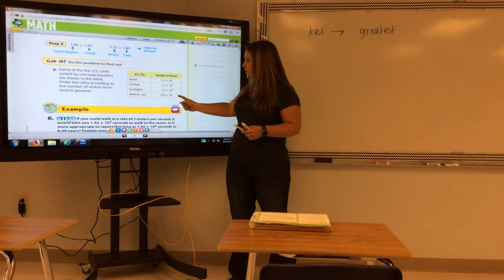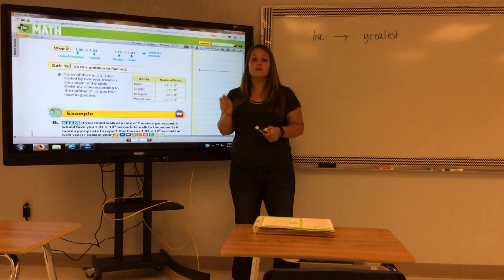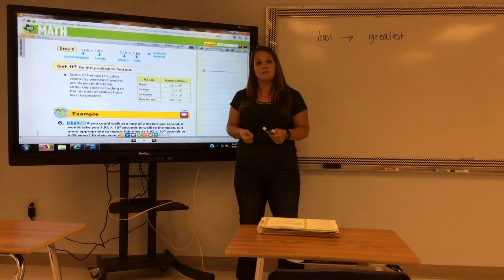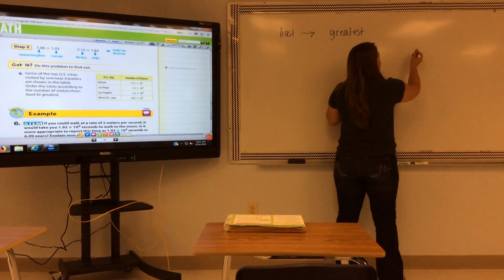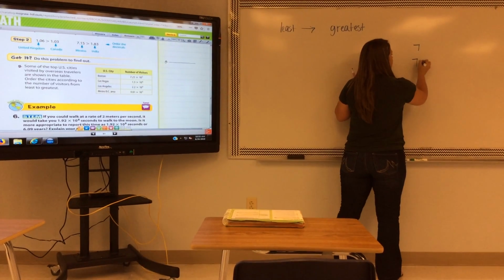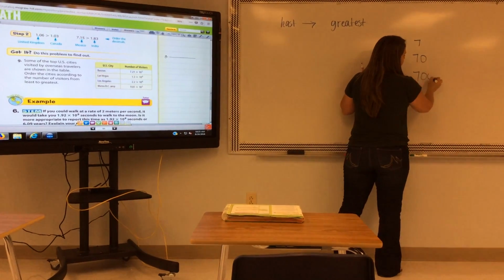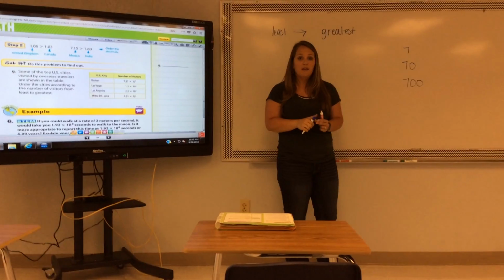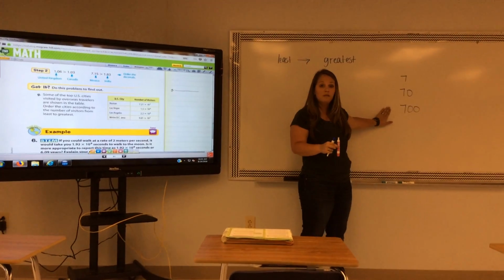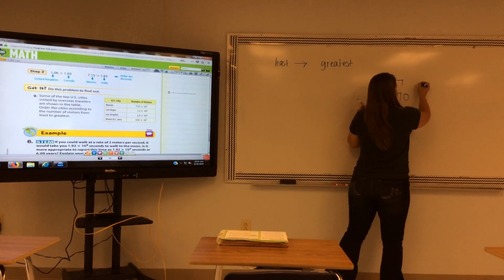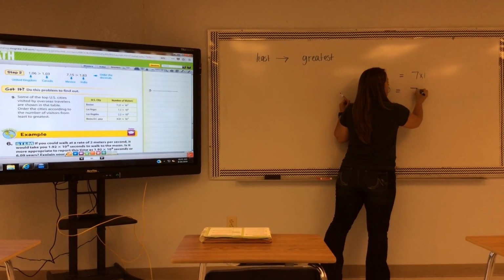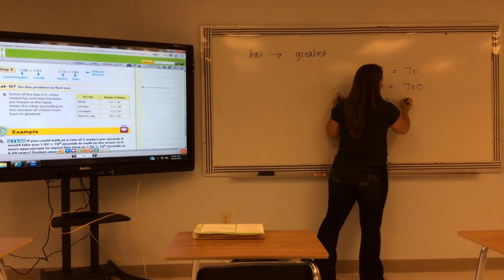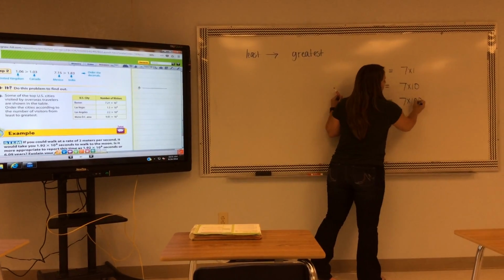When you have numbers with exponents, the smaller the exponent, the smaller the number. For instance, if I was talking about the difference between 7, 70, and 700, they all start with a 7. This is equal to 7 times 1. This is equal to 7 times 10. This is equal to 7 times 100.